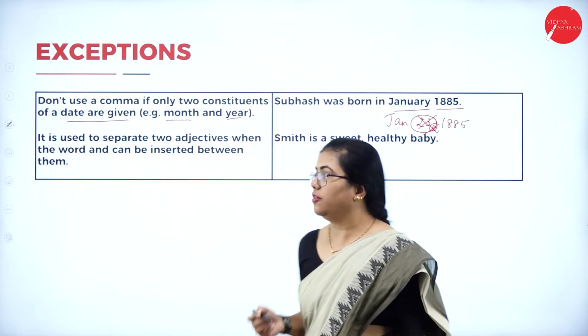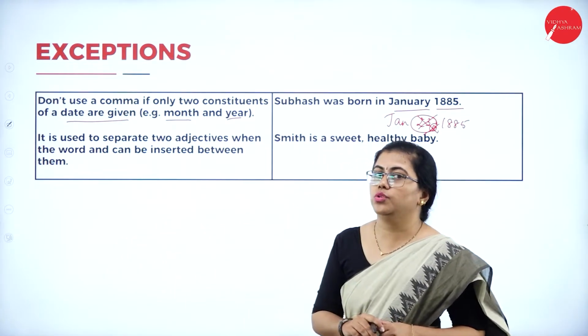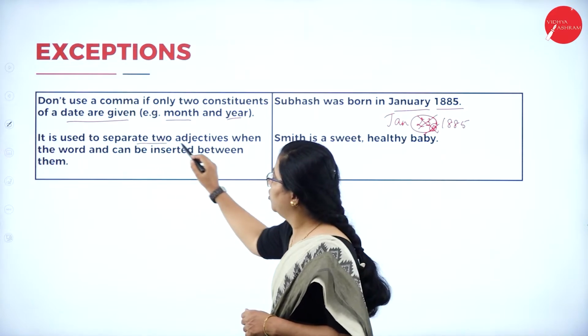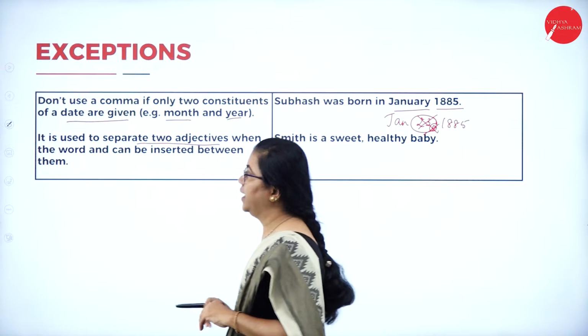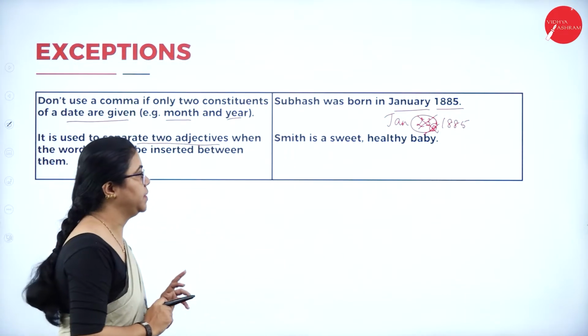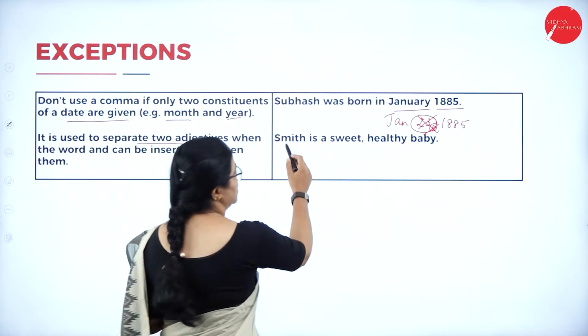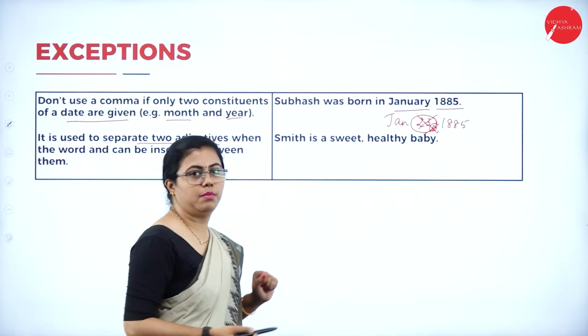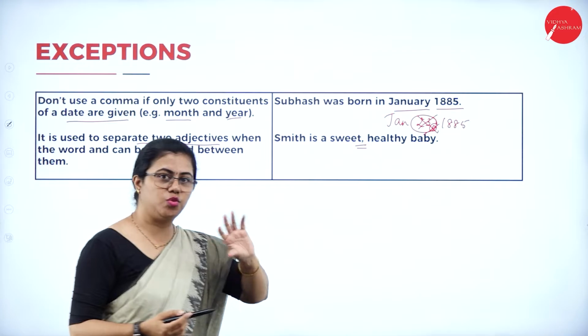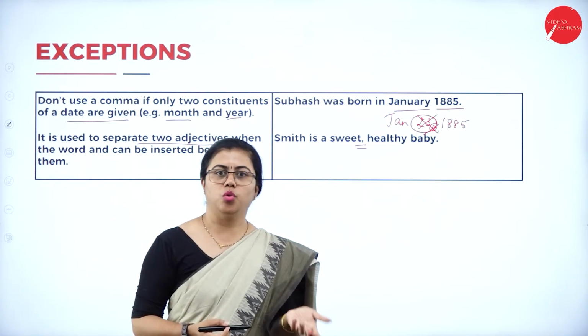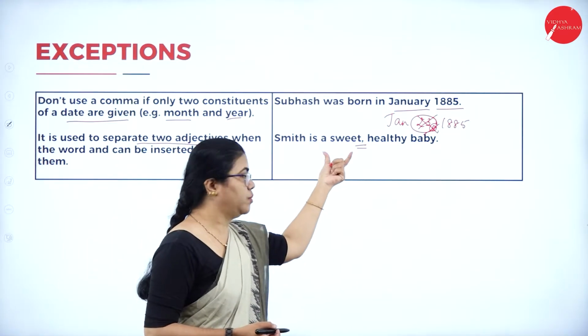Then, where you should use a comma: when you separate two adjectives. It is actually used to separate two adjectives and it can be inserted between them. So this is an exception here. Smith is a sweet, healthy baby. Suppose you don't insert a comma over here, that means sweet healthy itself becomes a word, so this also becomes an adjective.